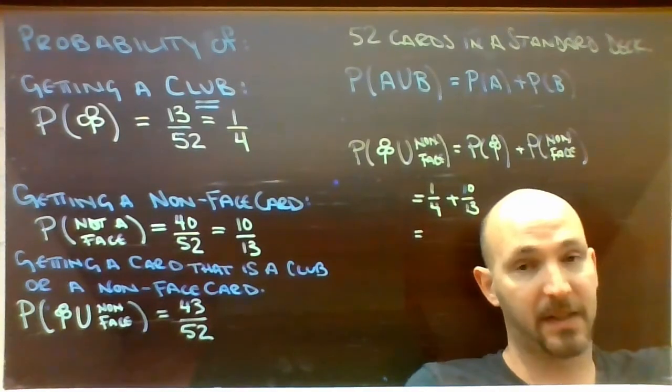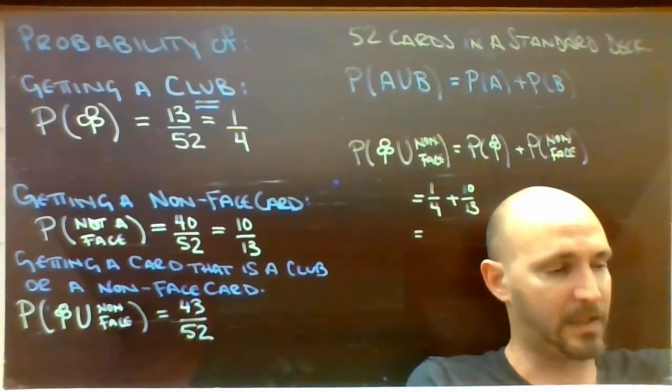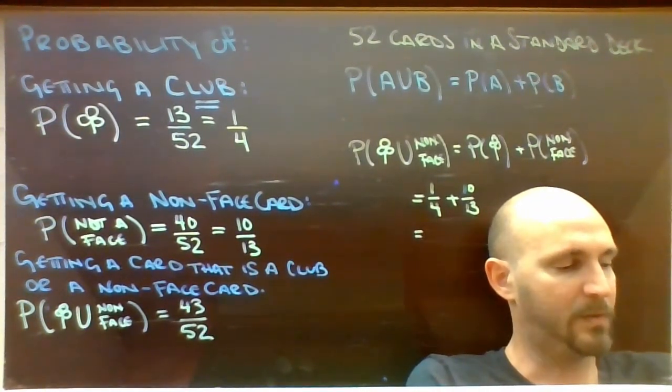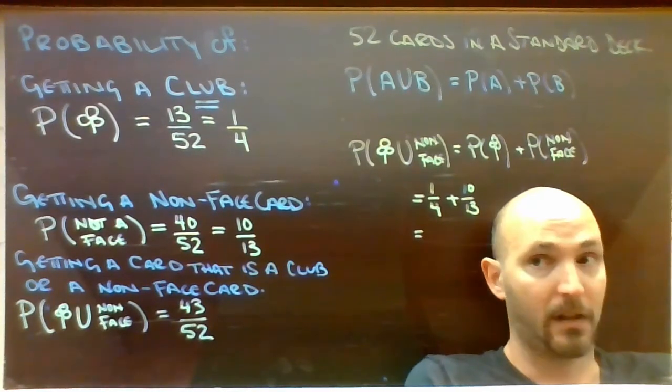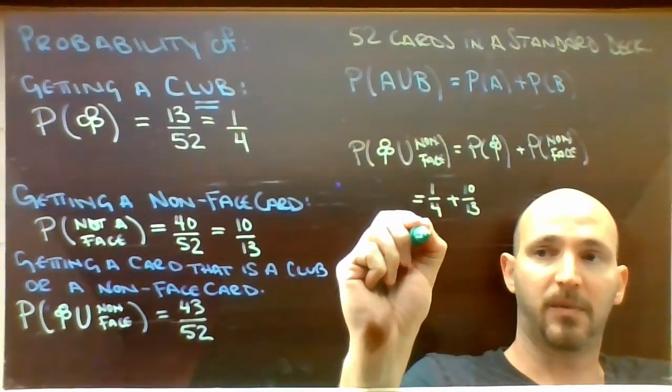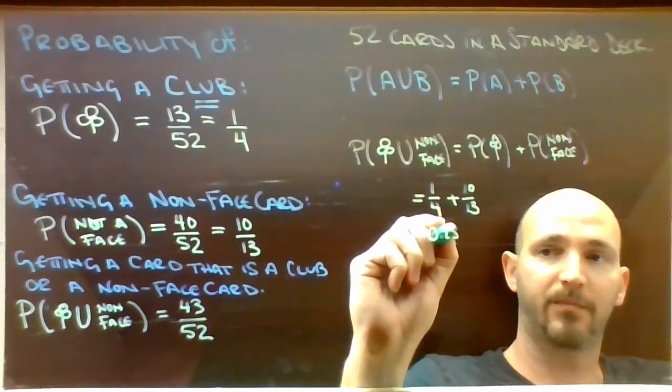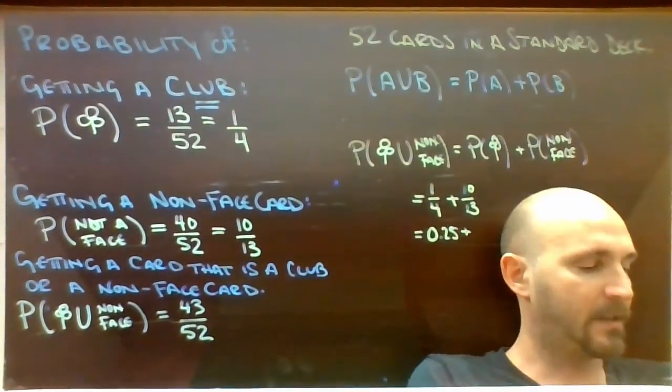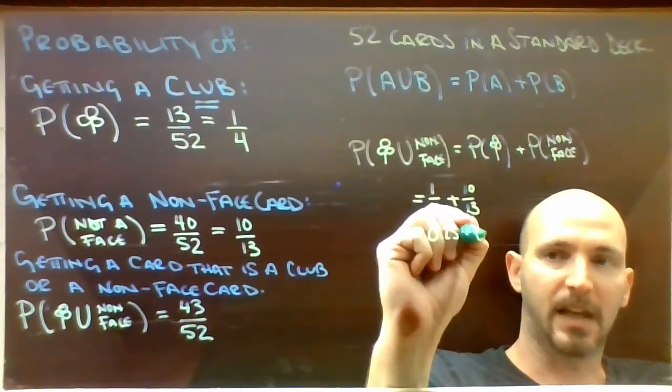I'm going to flip to decimals just so no one has a heart attack. So 1 out of 4 is 0.25. And 10 out of 13 is 0.769.